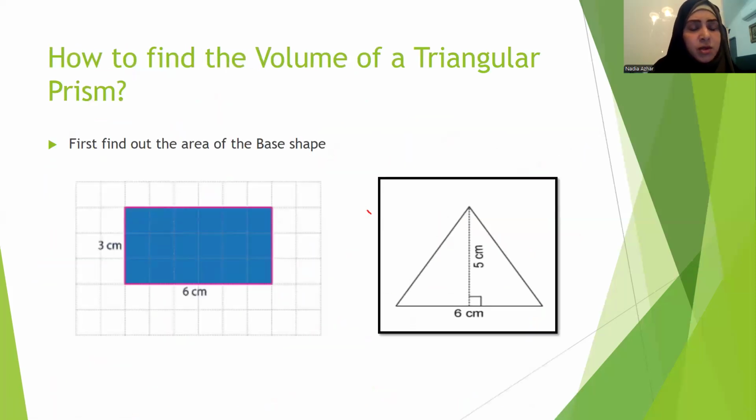Okay, can you find out the area of these 2D polygon shapes? Okay, solve it and show me the answer on the whiteboard.